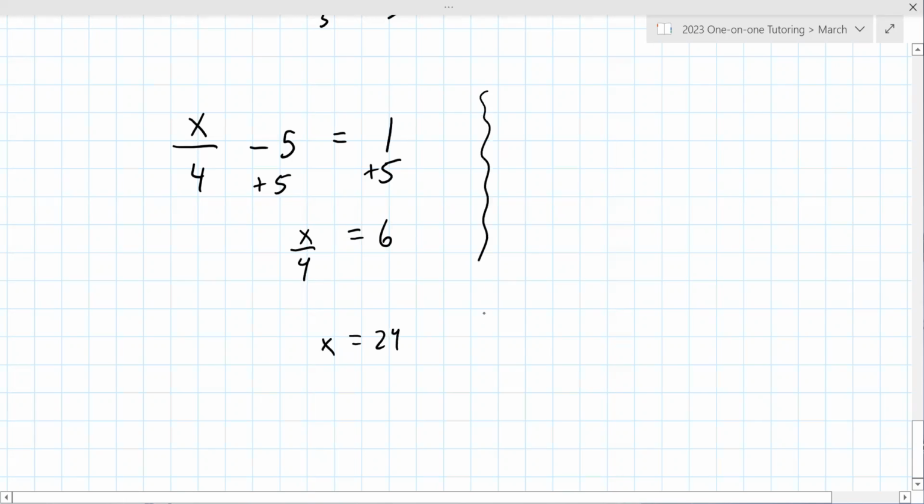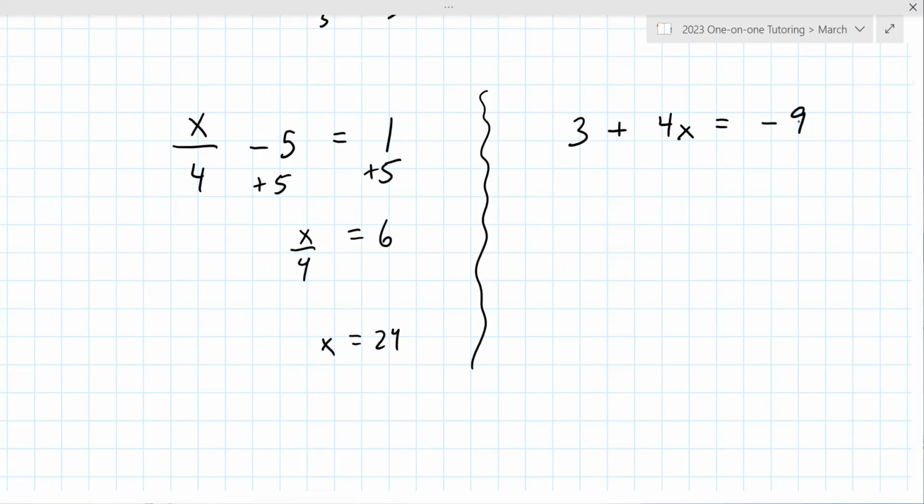Okay. Let's try another one here. 3 plus 4x equals negative 9. Are you okay with negative numbers? Yes. Okay. So would you add 3 then, because it doesn't add the variable?